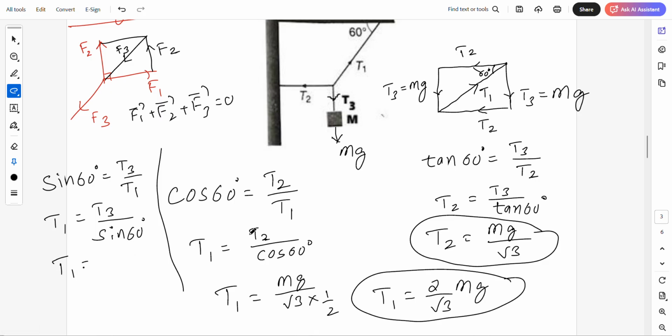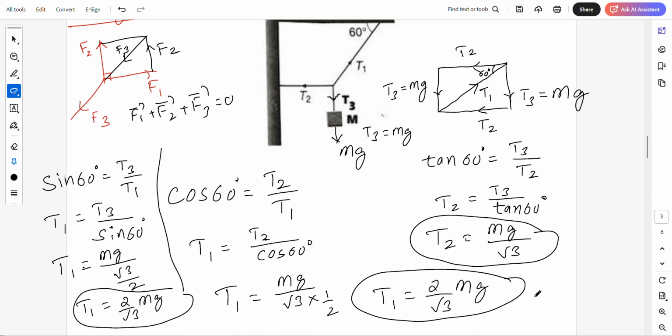We know T3 is equal to mg directly. So T1 is equal to mg by sin of 60 degrees, root 3 by 2. That is T1 is equal to 2 by root 3 into mg. You get the same answer.